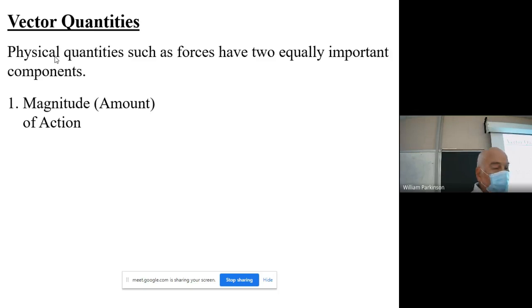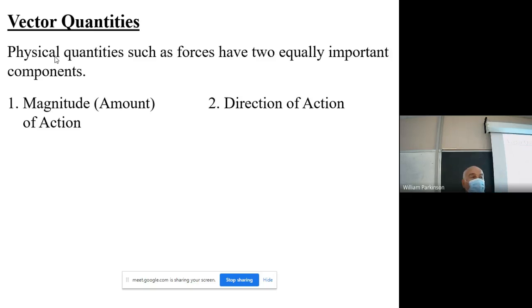But equally important to the number value associated with a vector, it also includes a direction. And what we will deem those directions to be is quite simply either a push or a pull. And I think you get the connotation of what I mean. I can push with a certain force, but if I pull with a certain force, it's going to do something completely different.